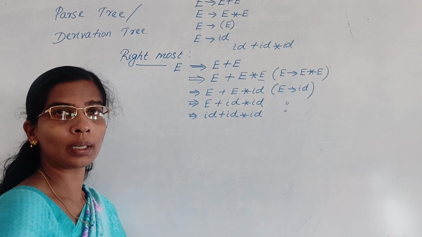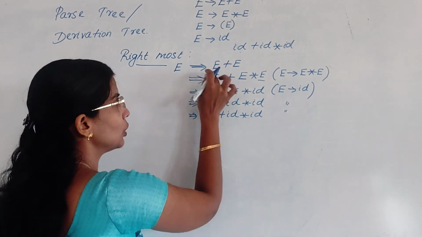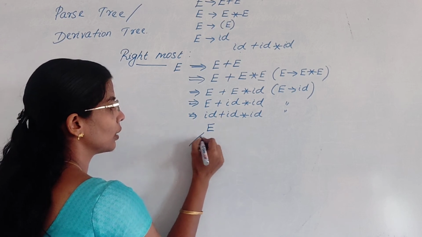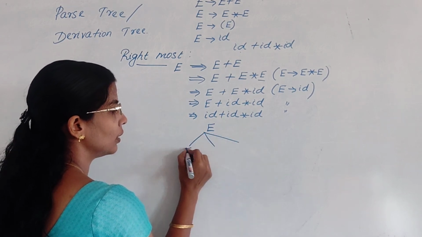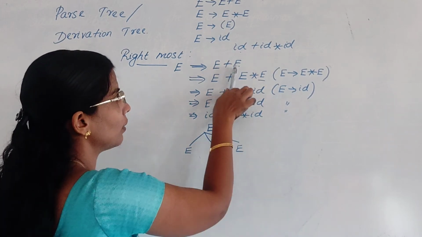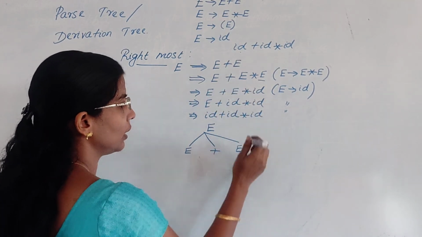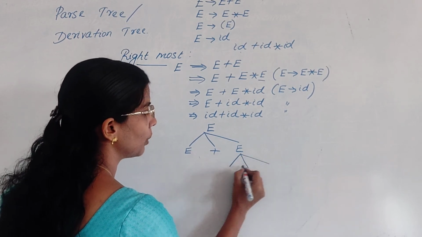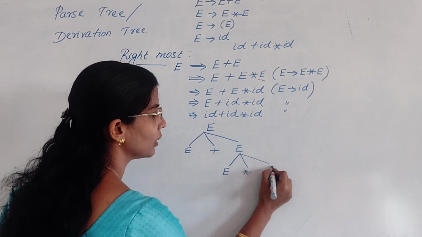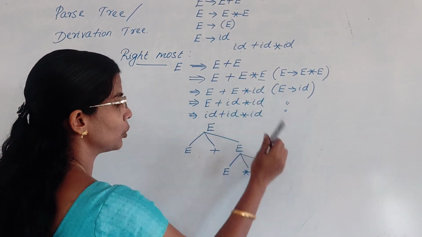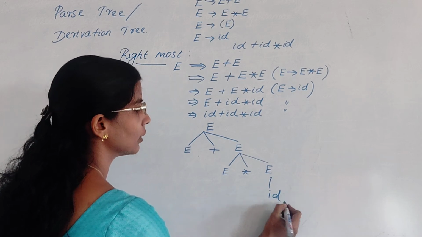Now I have to start my parse tree. So use the first production, E plus E. Now I have replaced this E, so again it is three branches, E star E. Next I replaced the rightmost E with id.